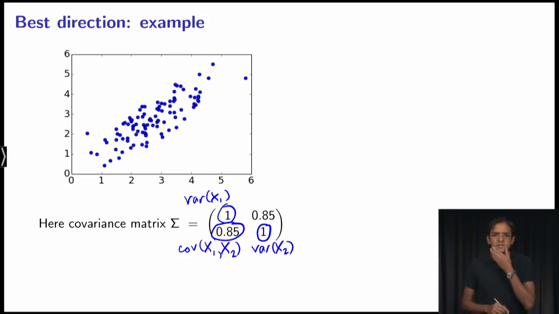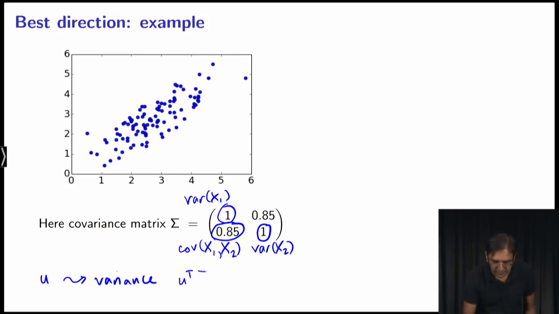Okay. So what did our formula say? So we said that if we want to project onto a direction u, then the variance in that direction, the variance of x dot u, is simply u transpose sigma u. Let's try this out. Okay, so for example, let's say we want to project onto the x1 axis.